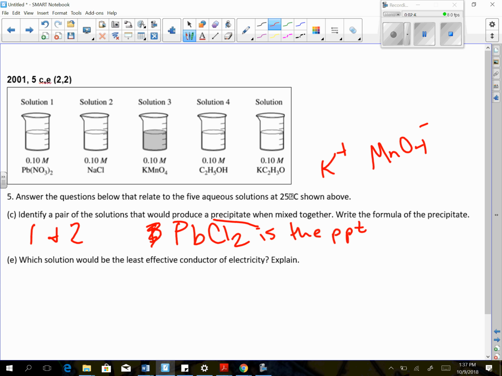Now, the other answer that was accepted is solution number 1 and solution number 3.